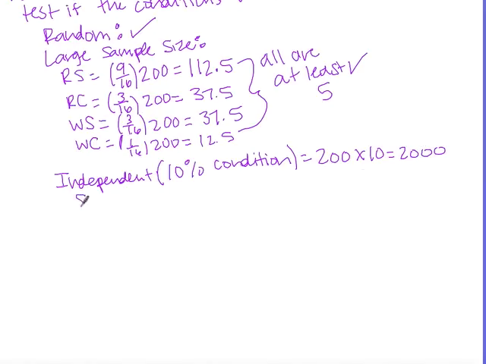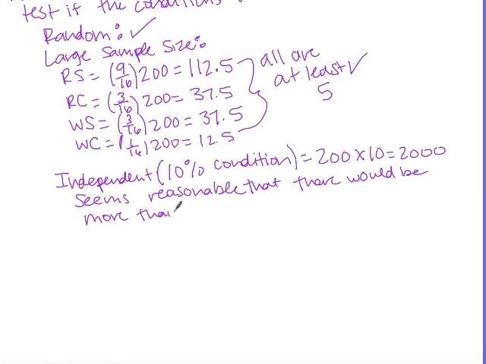So basically then we would say it seems reasonable that there would be more than 2,000 pairs of fruit flies.